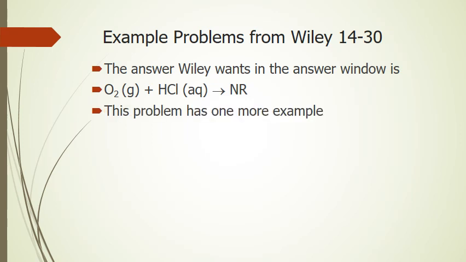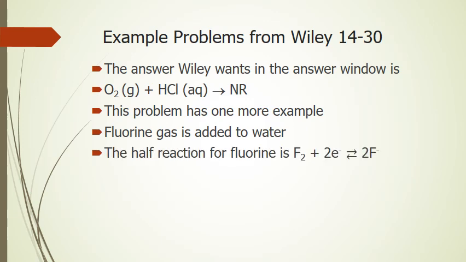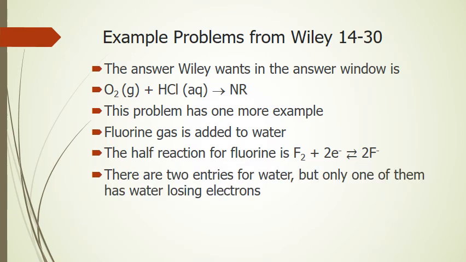This problem has one more example, fluorine gas added to water. The half reaction for fluorine, F2 plus 2 electrons, goes to 2 fluoride ions. So we see 2 entries for water on the table, but only one of them has water losing electrons. Remember, fluorine is gaining. Our other half reaction must lose.